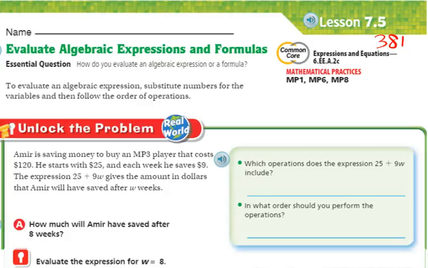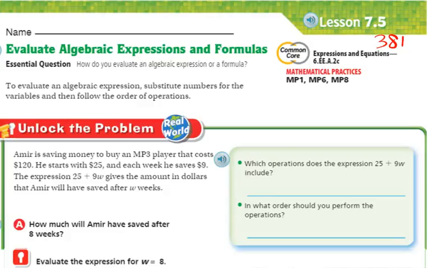So in 7.3 and 7.4 we looked at writing algebraic expressions and identifying parts of algebraic expressions. Well, today we're going to focus on evaluating them, meaning we're going to substitute in some values and come up with an answer.